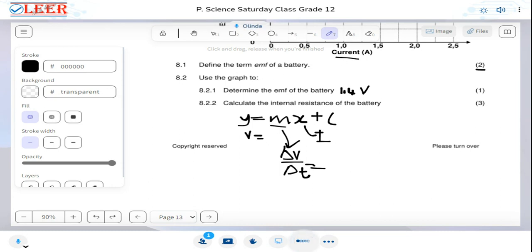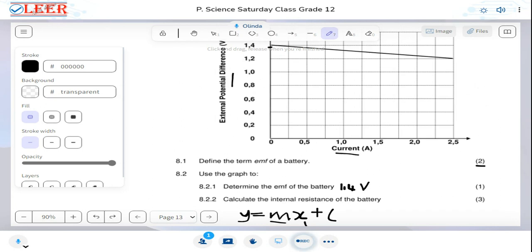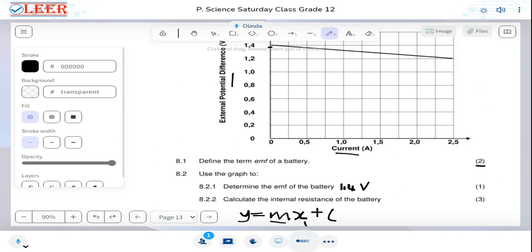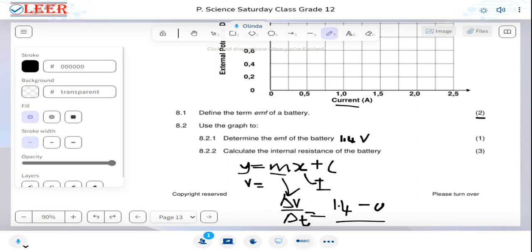Okay, so this is what our gradient is equals to. Calculate the internal resistance, and we're going to calculate it using our gradient. This is our gradient, and then we have 1.4 minus 0 over 0 minus 2.5, okay?